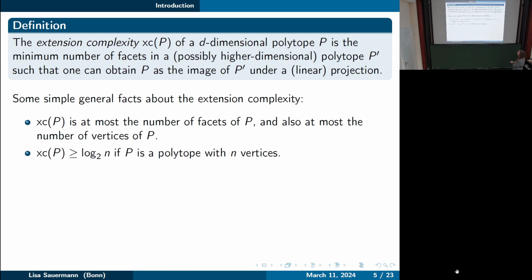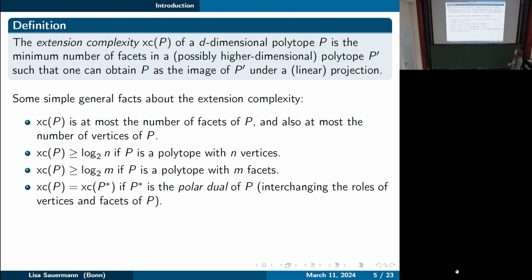A general lower bound is that if P is a polytope with n vertices, the extension complexity is at least logarithmic in n, and also if it's a polytope with m facets, it's at least logarithmic in m. So it's upper bounded by the number of facets or vertices, and lower bounded by the logs of these numbers.